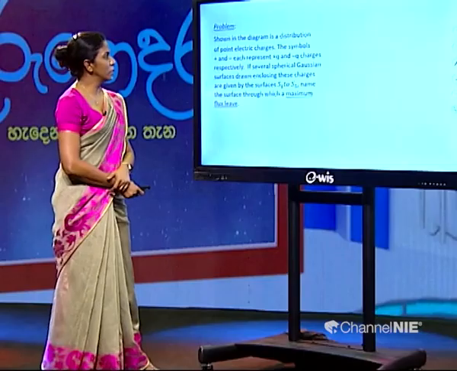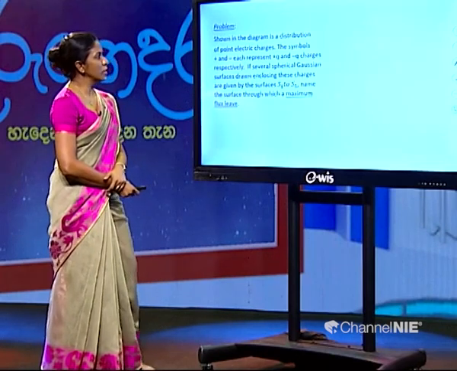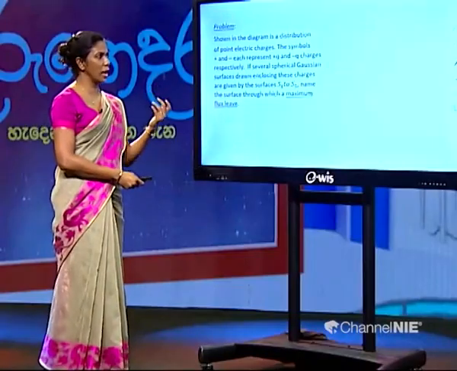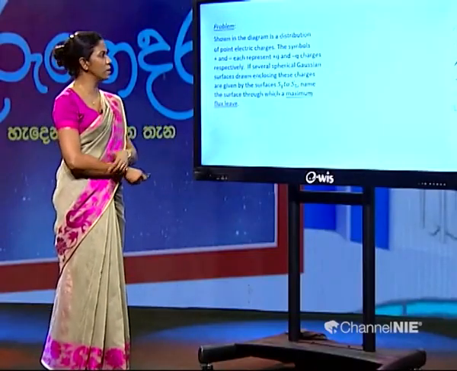Let us come to a problem. Shown in the diagram is a distribution of point electric charges. The symbols positive and negative each represent a plus q and a minus q charge respectively. So, they are equal but opposite charges, unlike charges but equal in magnitude.